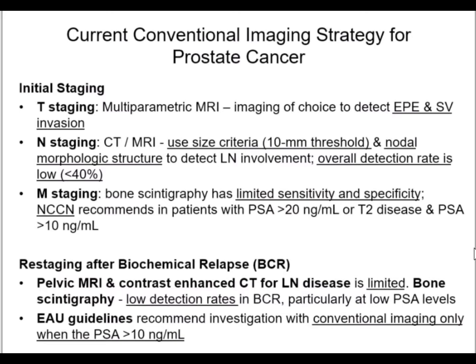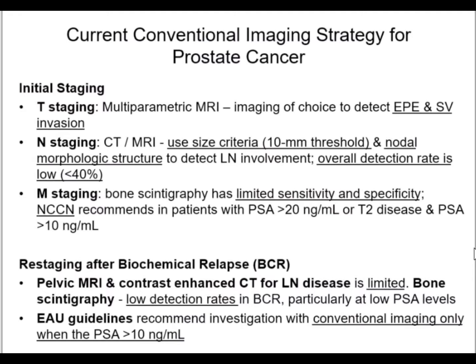And in terms of metastatic M staging, bone scan has really very limited sensitivity and specificity. NCCN recommends that we do bone scan when the patient's PSA is more than 20 or T2 disease plus PSA more than 10. So in terms of biochemical recurrence, for restaging, conventionally, we use MRI or contrast CT for nodal disease, and we know this is limited.